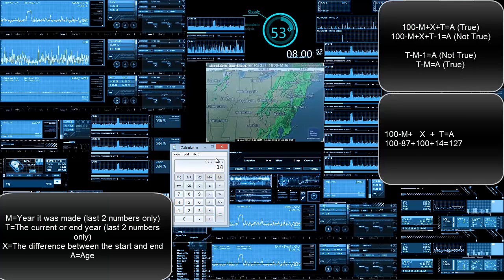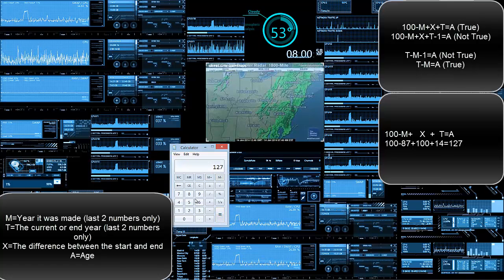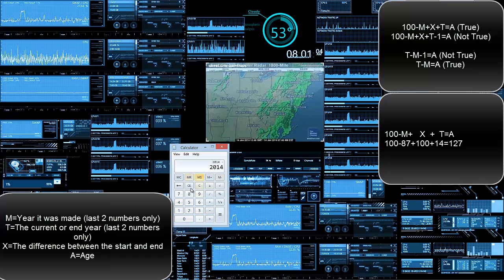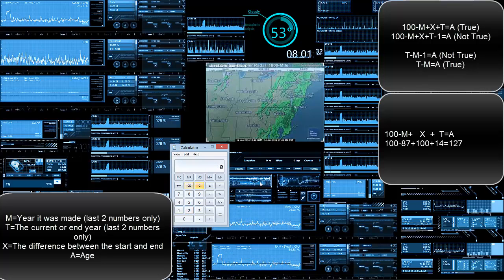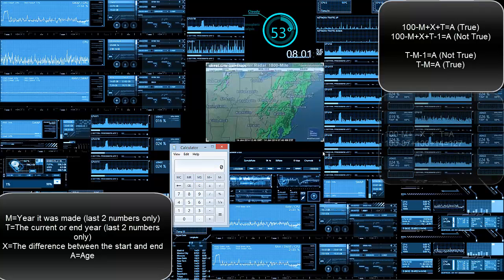That gives you this 100 years. So we plus 14 on top of that, and that gives you that. So that was 1887. Let's do 1887, and same thing. Yep. So same thing. Now let's throw something even further back.